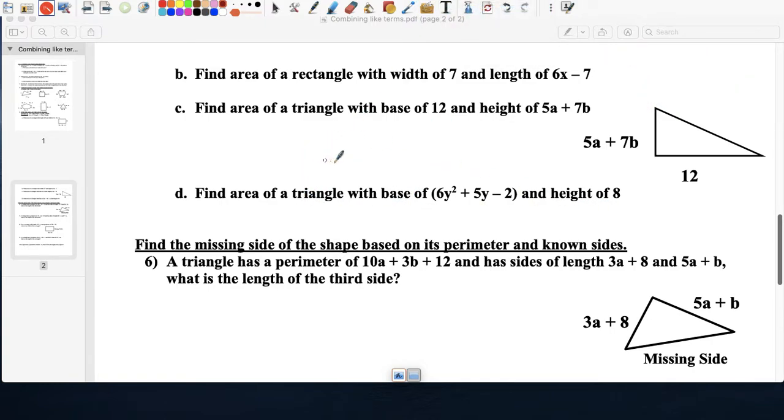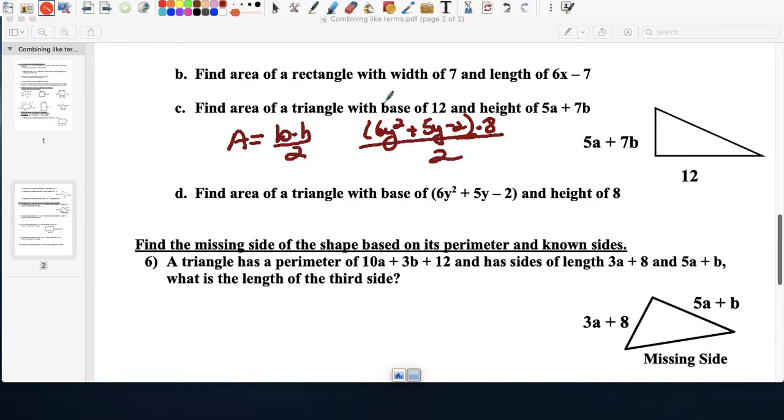There's another triangle. Height is 8, and the base is that much. Again, remember, triangle: base times height divided by 2. So if I substitute here, I get 6y squared plus 5y minus 2 times the height 8, divided by 2.